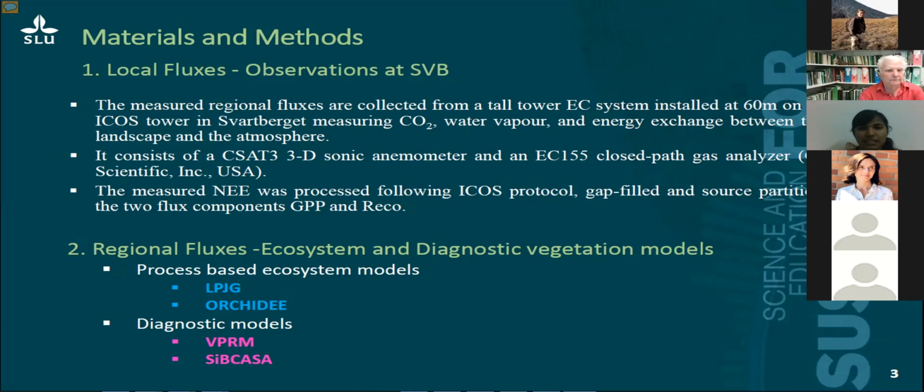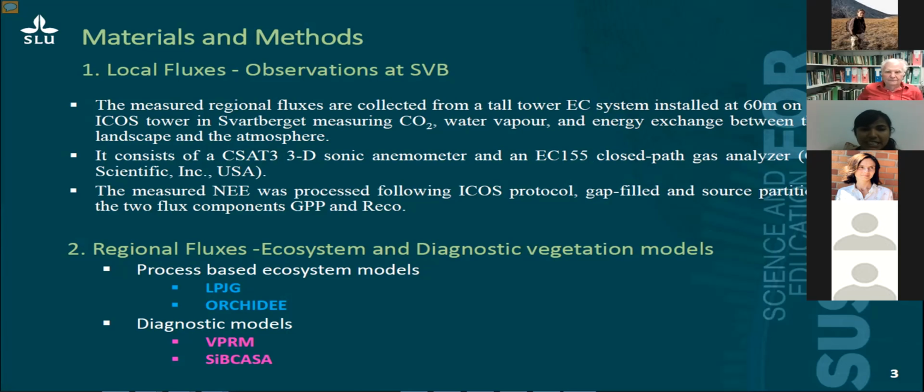It consists of an anemometer and a closed path gas analyzer. It continuously measures CO2, water vapor, and the energy exchange between the boreal landscape and the atmosphere. We get the measured NEE, which is then processed following the ICOS protocol, gap filled and partitioned into the flux components, gross primary production and ecosystem respiration. So this is the observation available at the site scale.